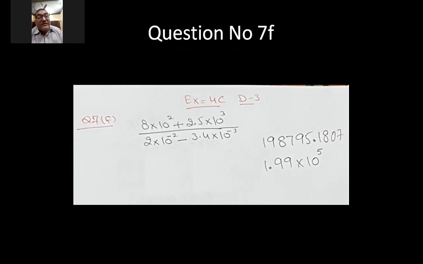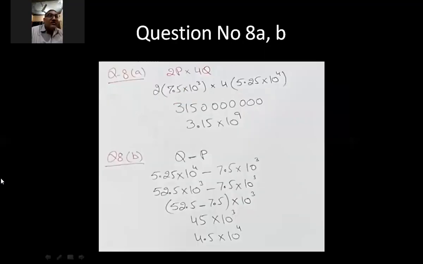Then you will press divide, bracket start, and then write 3 expo minus 2 minus 3.4 expo minus 3. When you press these buttons, you will get 198,795.18. So the final answer will be 1.99 expo minus 5. This is how you do question number 7. We are done with questions 6 and 7.